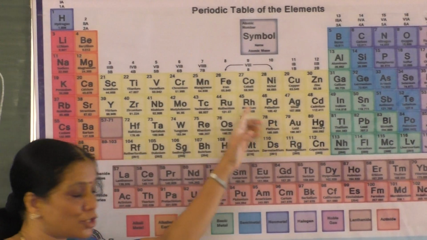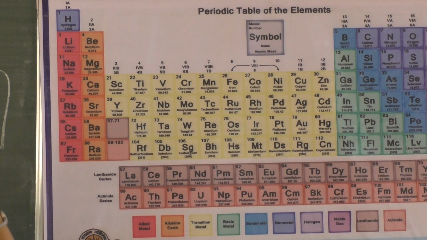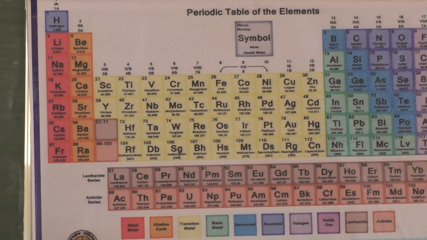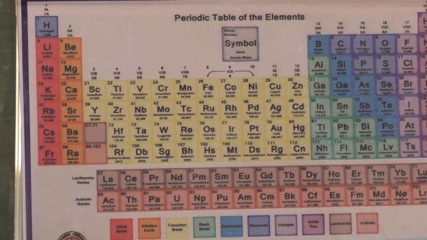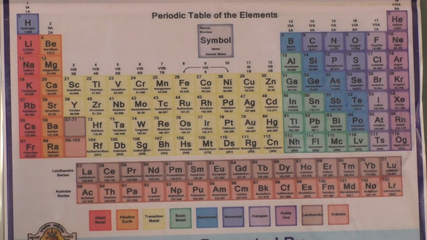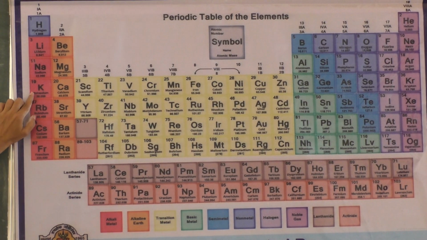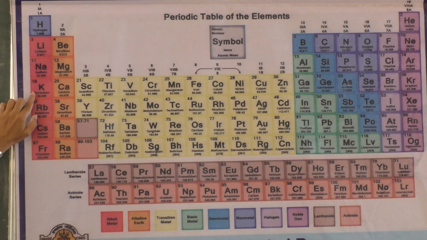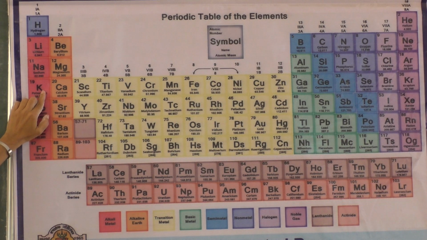If you observe the valency of elements in a particular group, in the last session we studied that the elements belonging to a particular group always have the same number of valence electrons. We have studied that, isn't it? Similarly, in a particular period, the valency follows the same pattern for elements belonging to a particular group.